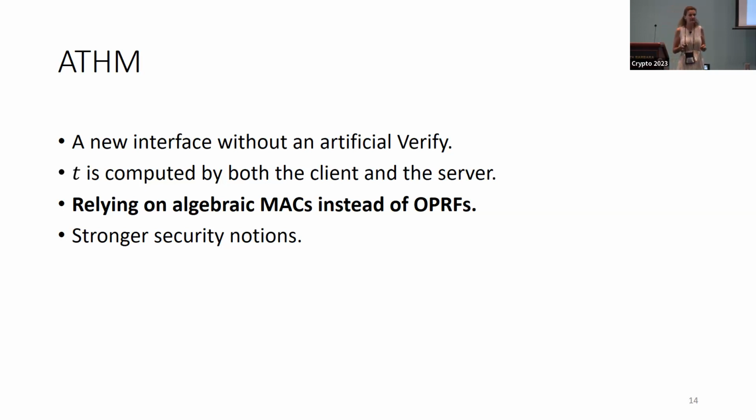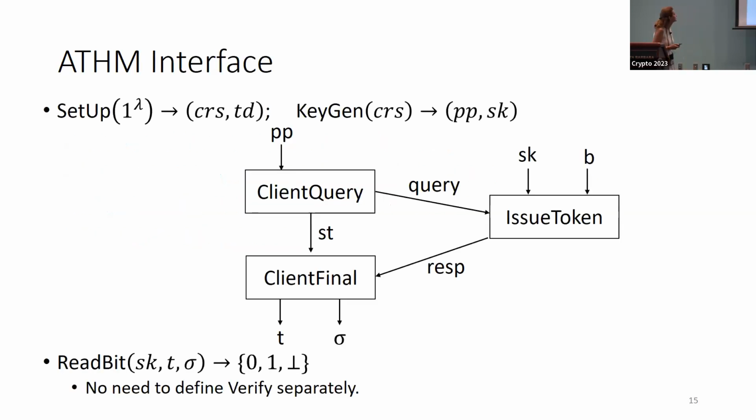And most importantly, I think, we rely on algebraic MACs instead of the oblivious PRFs, because algebraic MACs already take care of the client's maliciousness. As far as we know, this is the first time that such a primitive is being used in this context. These choices that we made in the first three bullets give us the stronger security notions that we would like to achieve.